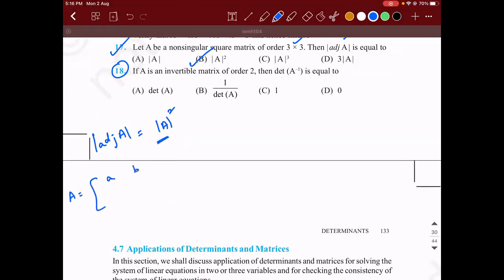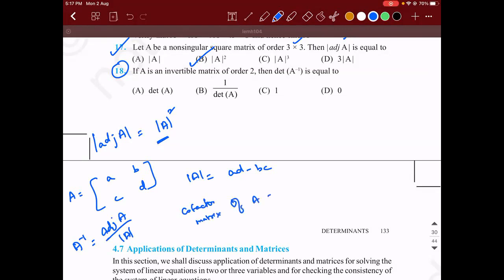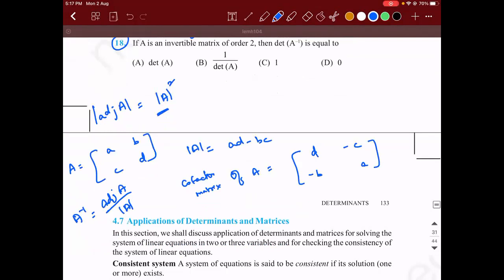So you take A as a, b, c, d. So what is the determinant of A? ad minus bc. So what is A inverse, guys? What is the cofactor matrix of A? d, minus c, minus b, a. Correct?